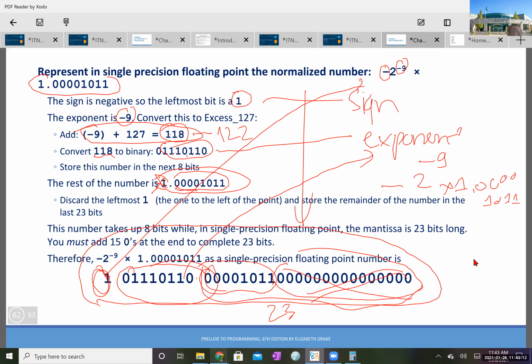For this chapter, you have to understand how to convert from decimal to binary, from binary to decimal, from hexadecimal to binary, hexadecimal to decimal, decimal to hexadecimal, and binary to hexadecimal.